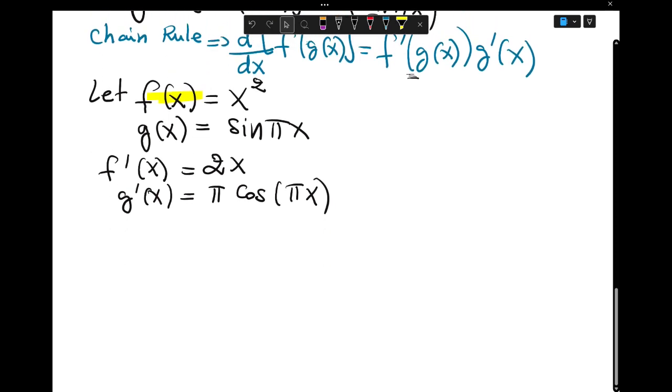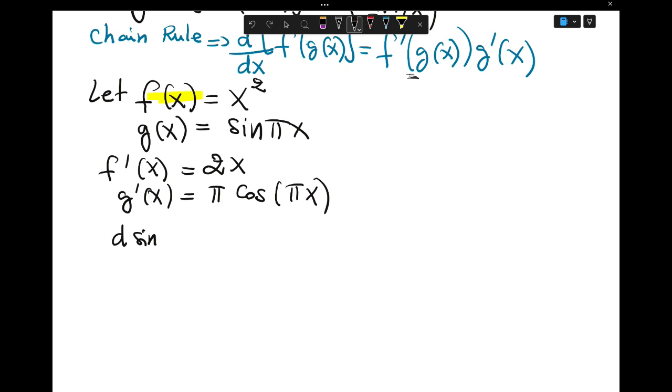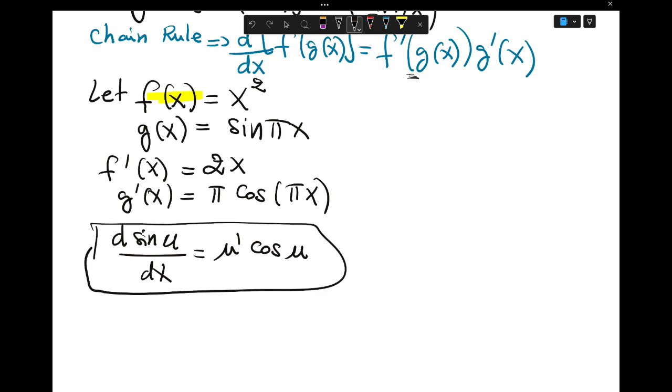We need to understand that if you have d of sine of u over dx, this will equal u prime cosine of u. We need to understand this, and that is how we get this right here.